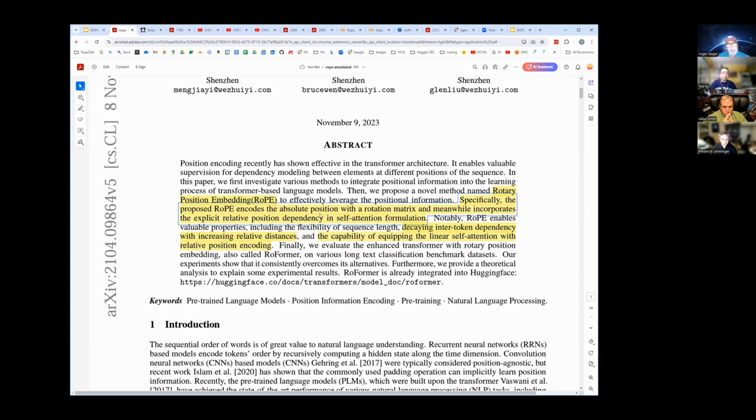Okay, so that's kind of a discussion around this point. Supposedly absolute and relative, but mostly it sounds like we can utilize the relative more than the absolute. I don't know, Ted, if you had any insight into this decaying inter-token dependency with increasing relative distance.